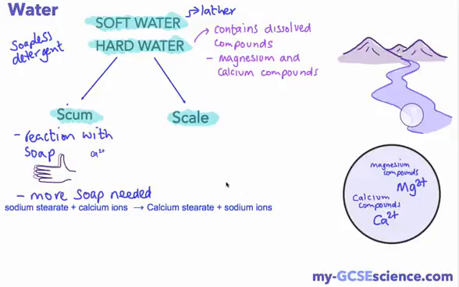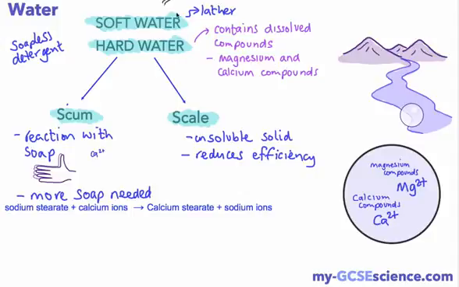Now, another problem that we can have also with hard water and these ions that are present is the presence of this insoluble solid called scale. And what scale does is it actually reduces the efficiency of the appliances in the home. So one common example is that of a kettle.